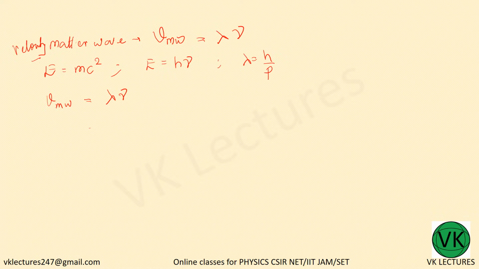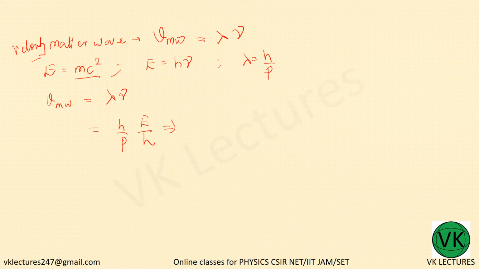So lambda is equal to h by p, nu is given by E by h. Now what is E? E equal to mc square.